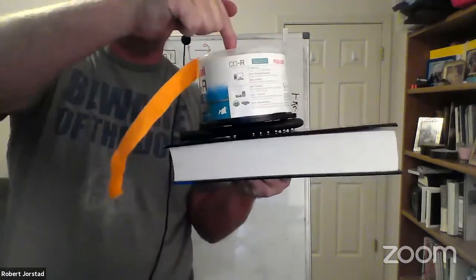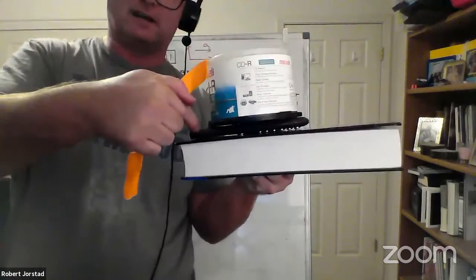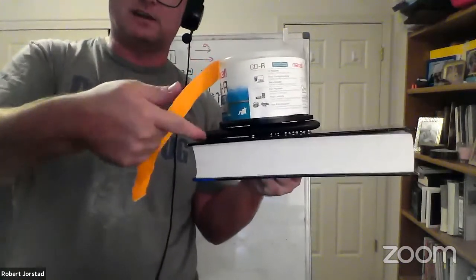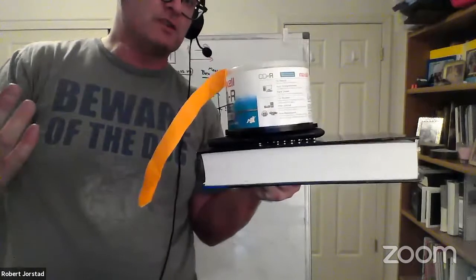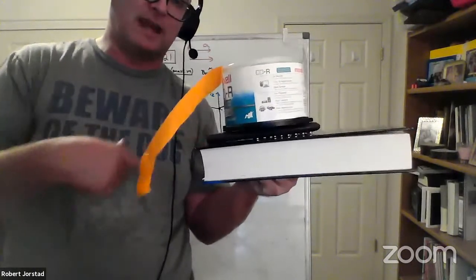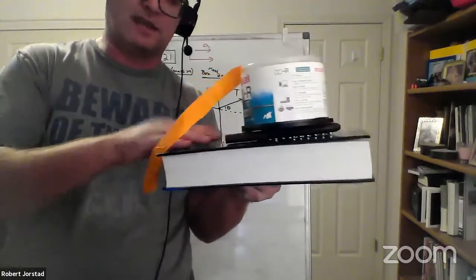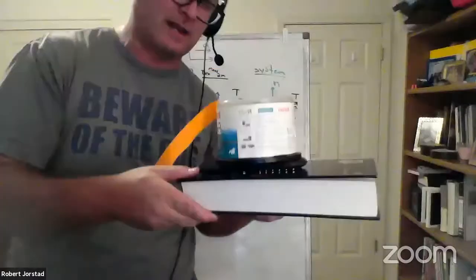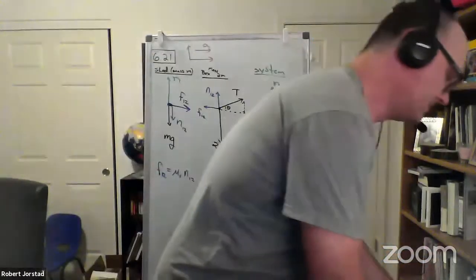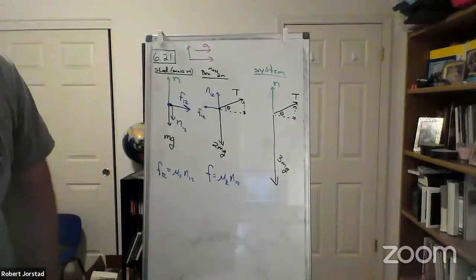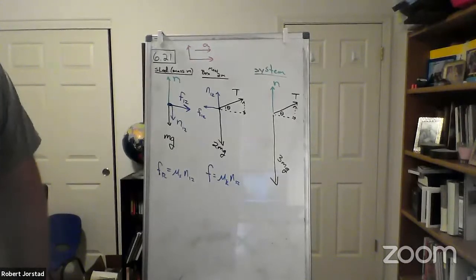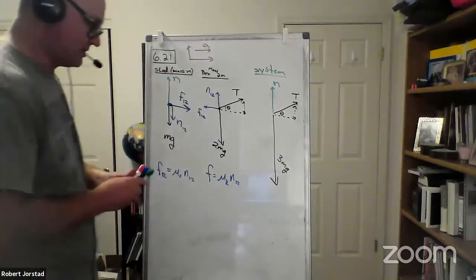So the CDs are not moving relative to the calculator. Down here between the calculator and the book, you could use mu kinetic, but we were already told that's negligible. Was that Kevin? Yes. That makes sense why we don't want to use mu kinetic? Yeah, because the only thing that's moving is the calculator. Exactly. The calculator is moving relative to the floor. So we don't use mu kinetic.